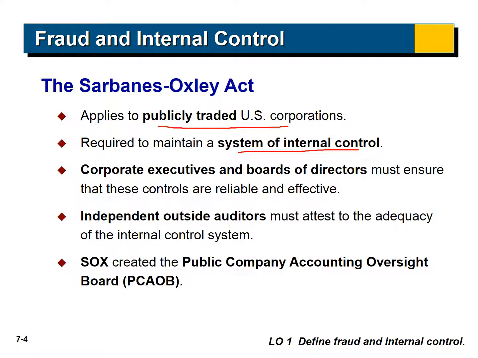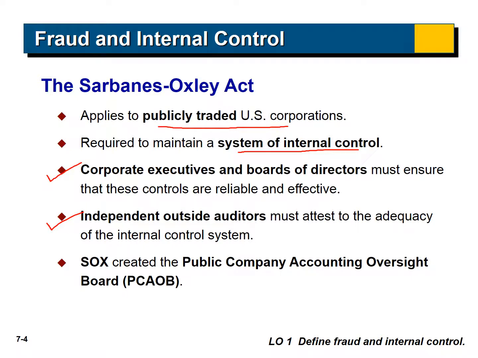Those are the checks and balances within the company to make sure that the financial statements are fairly presented and nobody is stealing things, that kind of stuff. And the third part of it is the corporate executives and board of directors must ensure that controls are reliable and effective, and that independent outside auditors, CPA firms, must attest to the adequacy. They must check them and make sure that the controls are adequate.